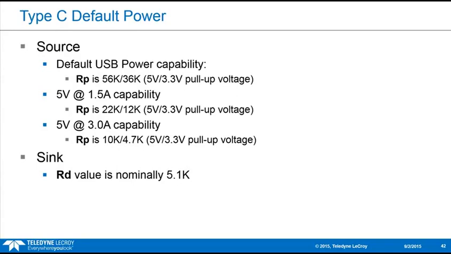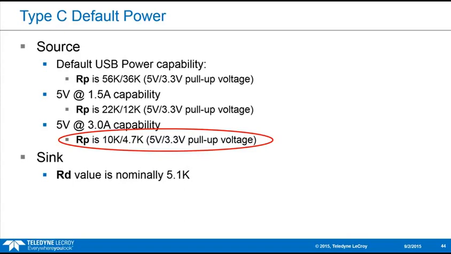So, for example, as a source, right after power on, it will present RP voltages that advertise its default power. If the source shows 22K at 5 volts, that would indicate it could provide 1.5 amps. If it was capable of providing the 3 amps, it would alter its resistance values to 10K at 5 volts. That means it can provide the full 3 amps over Vbus, provided it's a Type-C cable.